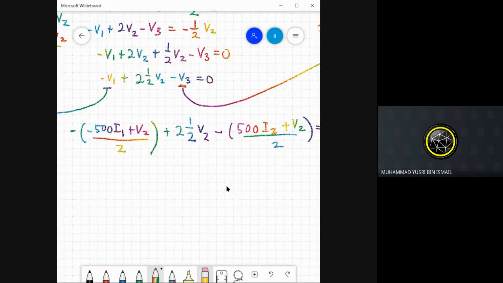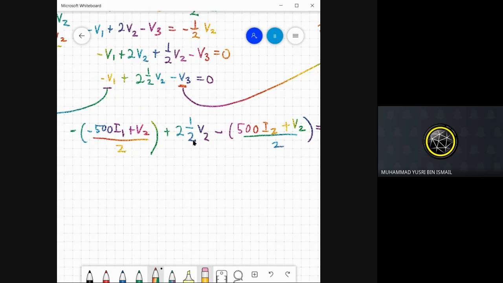Okay. So here, if you change it, it will be 5 over 2. But before that, we expand the equation.